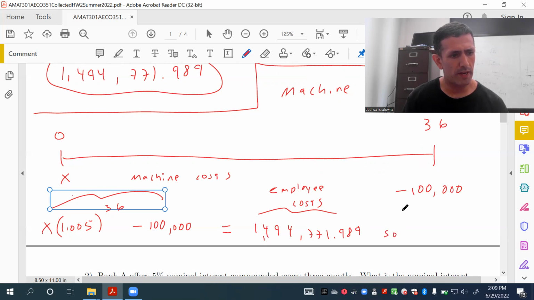So what you get for X is 1,332,663 and 11 cents. Just add 100,000, divide by 1.005 to the 36.